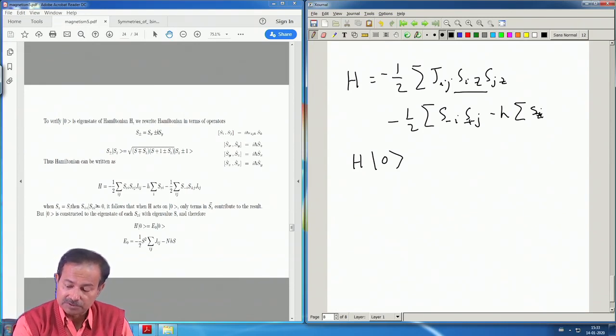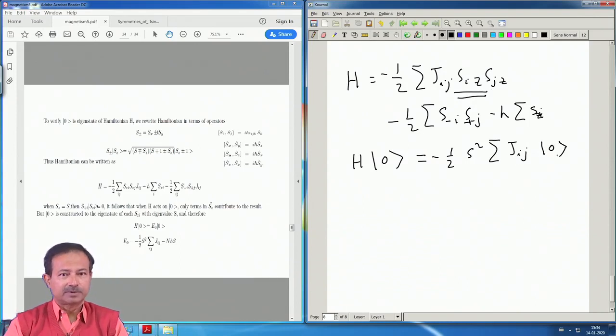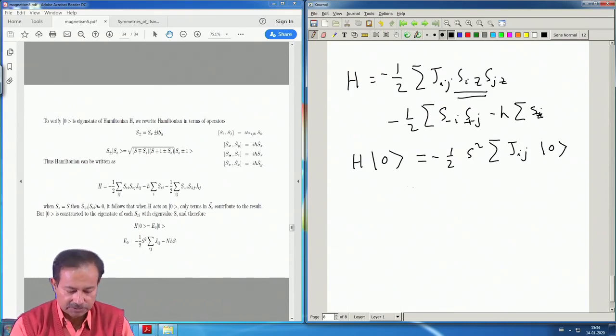See, these are both S^z operators. So, that will simply give S squared from here, right. So, minus half S squared sum over ij J_ij. That is the first term, and that will of course give me back |0>. So, that part is like an eigenvalue equation. Let us look at the third part, which is again S_i^z.